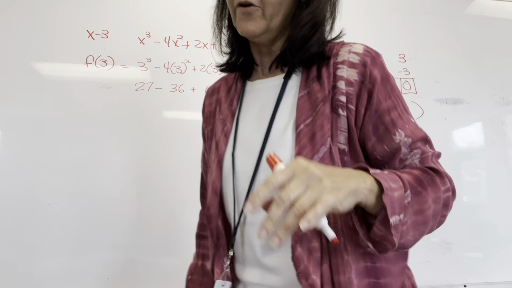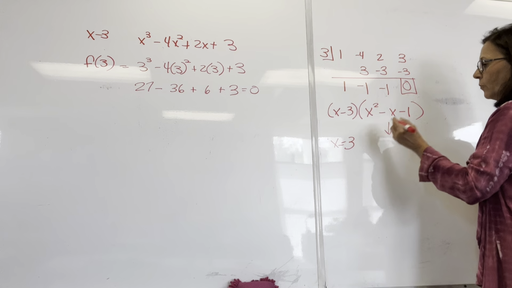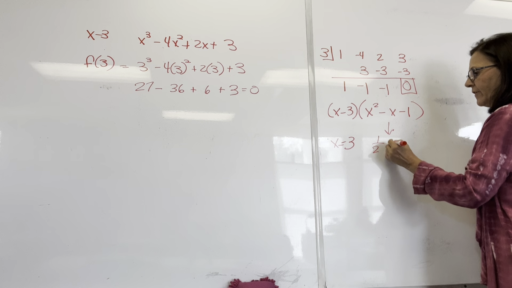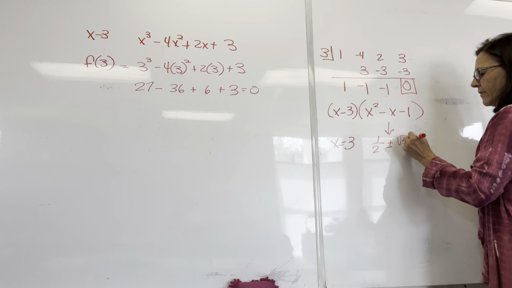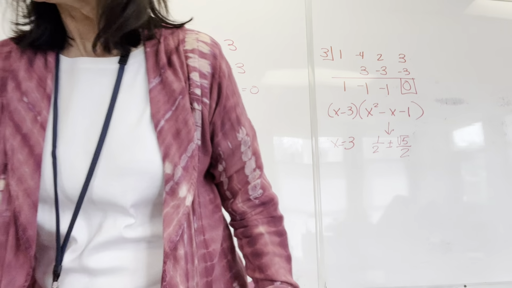And I've already done that in my book. It's 1/2 plus and minus square root of 5 over 2, I believe. So I could find all my x-intercepts.